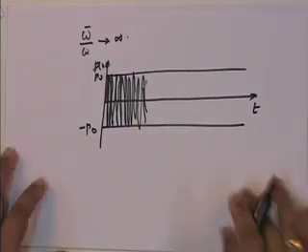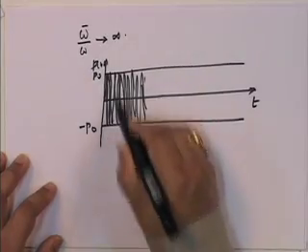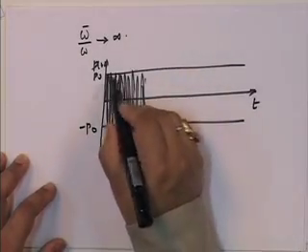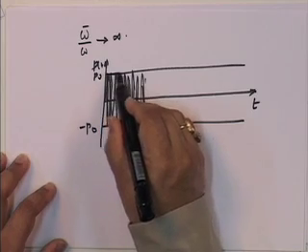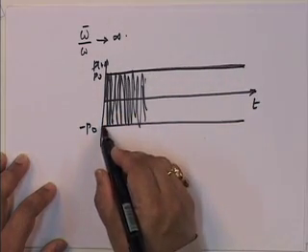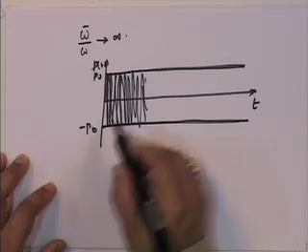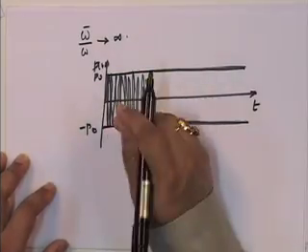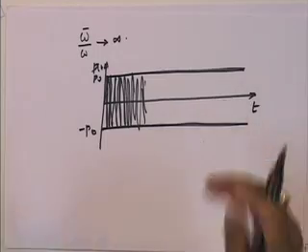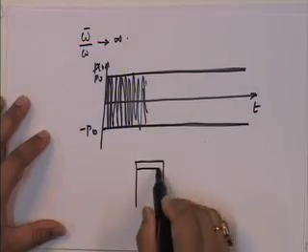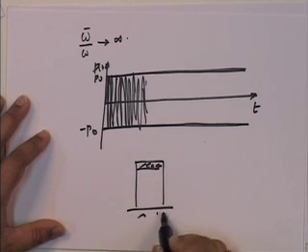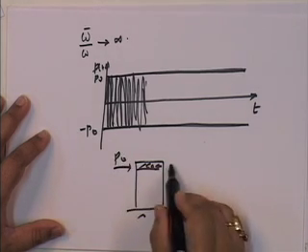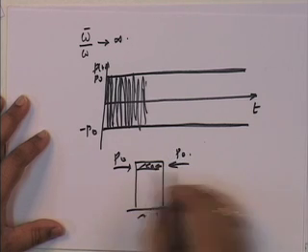What is the structure seeing? The variation is so fast that all the structure is actually seeing is a load P naught and another load minus P naught acting on it, because the time variation is so quick that as far as the structure is concerned, all it can see is the P naught and minus P naught. So, if you subject a structure to P naught and minus P naught, what is the response?